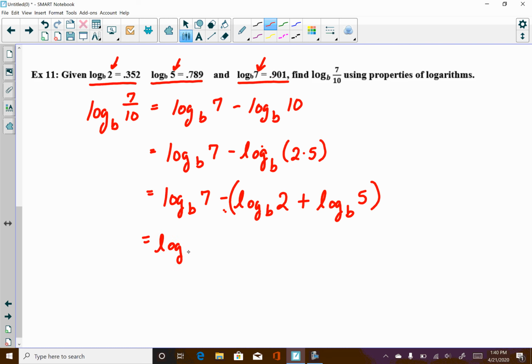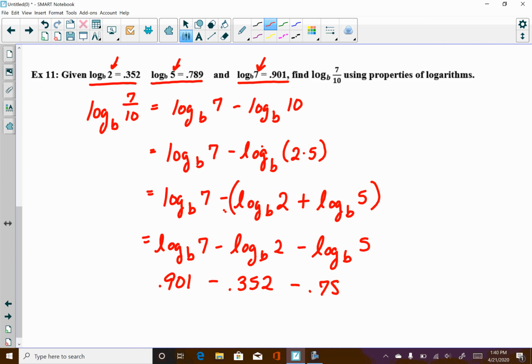So I have log base b of 7, minus log base b of 2, minus log base b of 5. And then all of these values are given to you. Log base b of 7, that's the 0.901, minus 0.352, minus 0.789. And if you were to put all of that in your calculator, you would arrive at a negative 0.24.